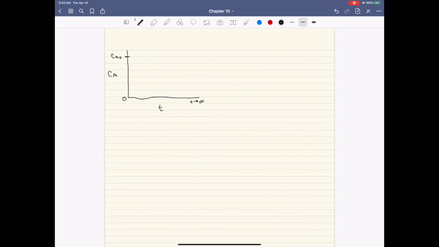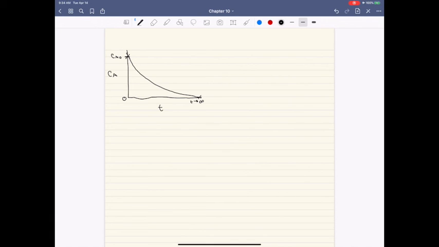And so for our Ca equation, we know that at time equal to 0, it's equal to Ca naught. And then as we go towards infinity, it's going to be 0. Our equation basically acts like a 1 over t equation. And so it's going to look like this over time, where Ca approaches a value of 0.